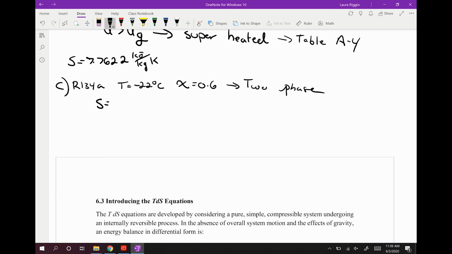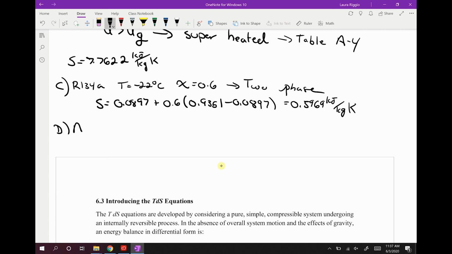So my entropy winds up being equal to 0.5969.